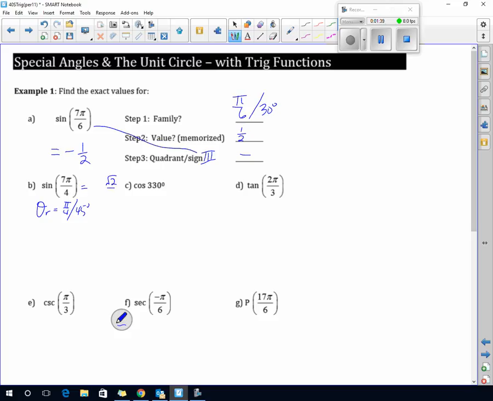Now we got to ask ourselves, what quadrant is 7 pi over 4 in? It's not in 2. 8 pi over 4 would be 2 pi. Do you realize that? So this is in the 4th quadrant. In the 4th quadrant, is sine negative or positive? Negative. Do you see how I'm getting this?